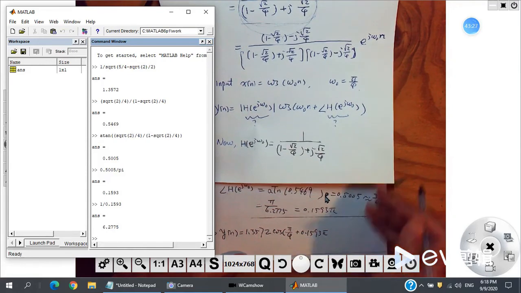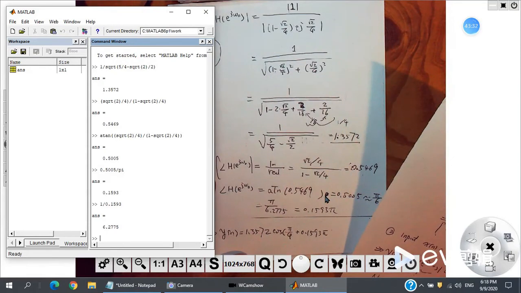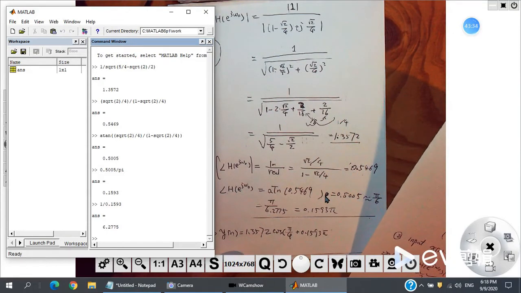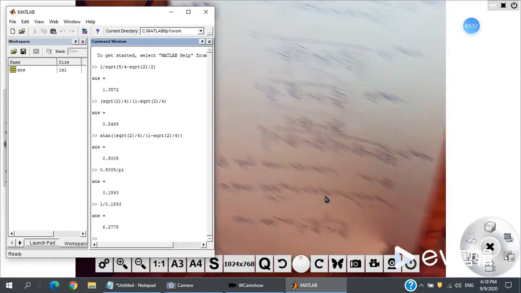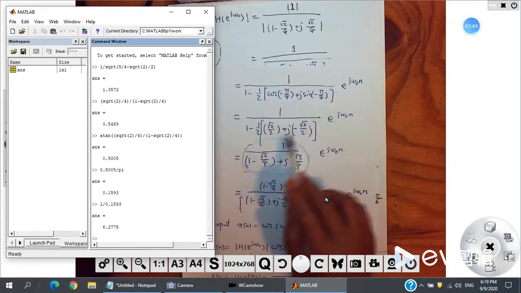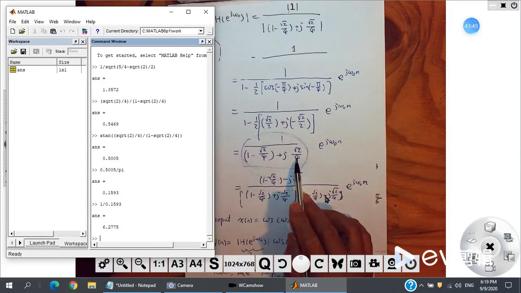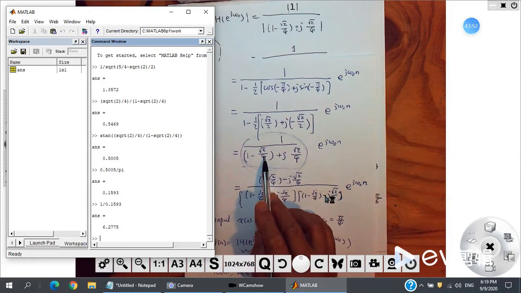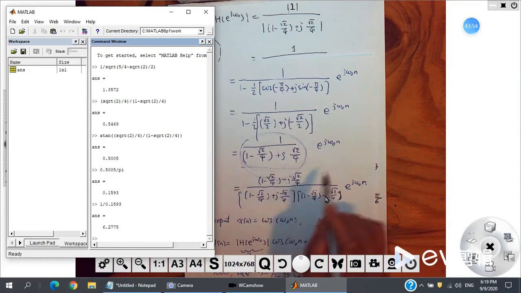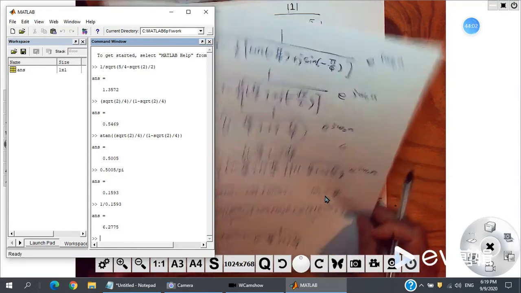Do I need a negative angle? Is this plus or minus? This is positive, and this is also positive. The angle is positive.